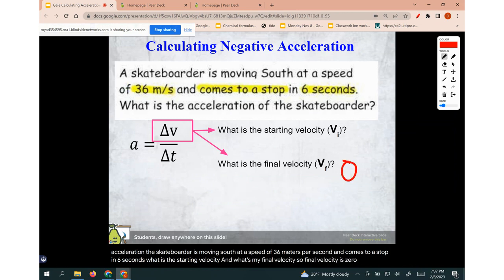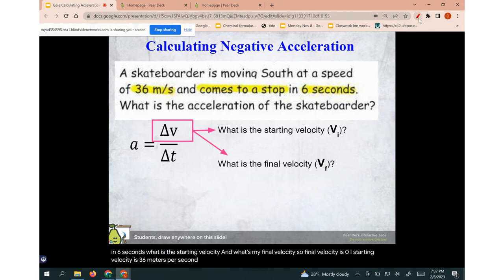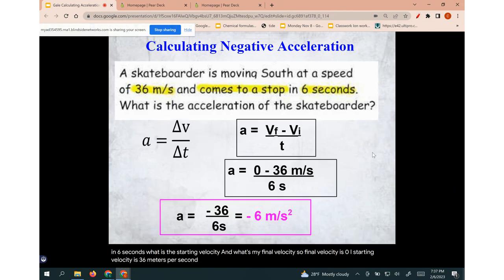So final velocity is 0, my starting velocity is 36 meters per second. So 0 minus 36 gives us negative 36 divided by 6. So we got a negative 6 meters per second squared.